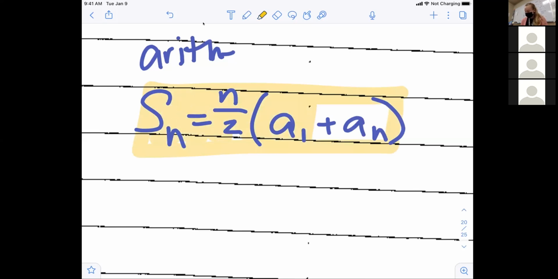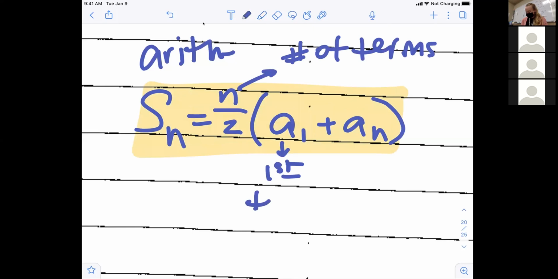So it's like 2 terms or 20 terms or 50,000 terms. A sub 1 is your first term, and then a sub n is just whatever the nth term is. The 8th term, the 20th term, the 52nd term, I don't care what it is.